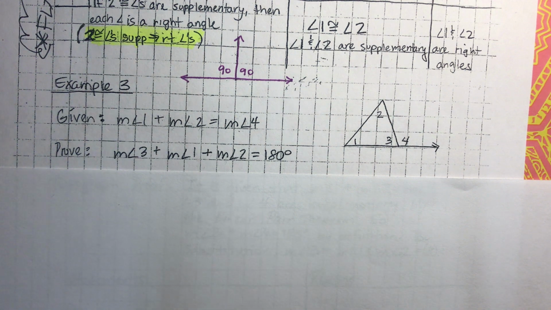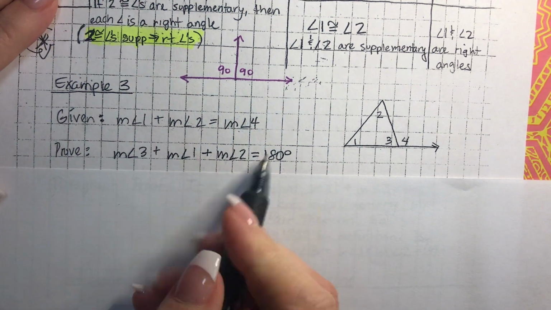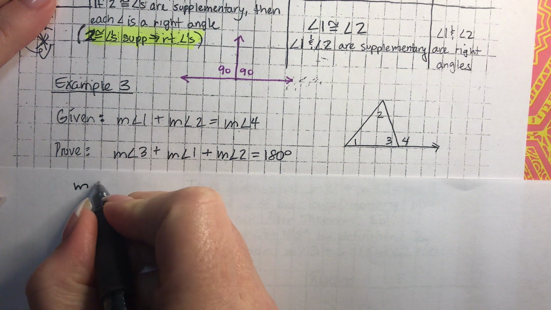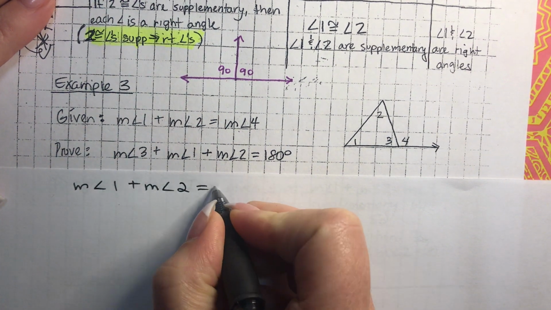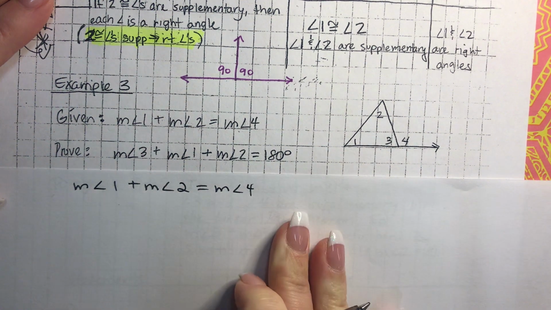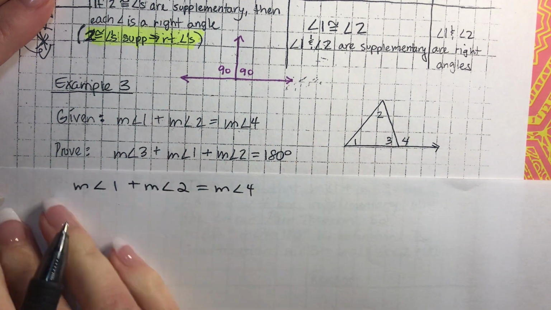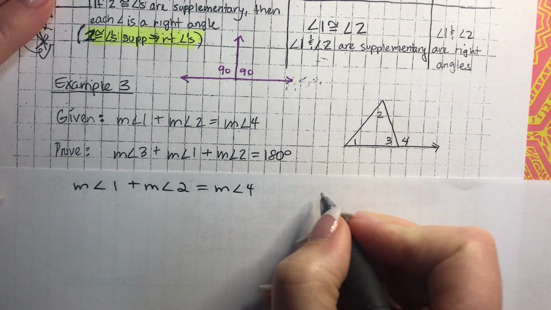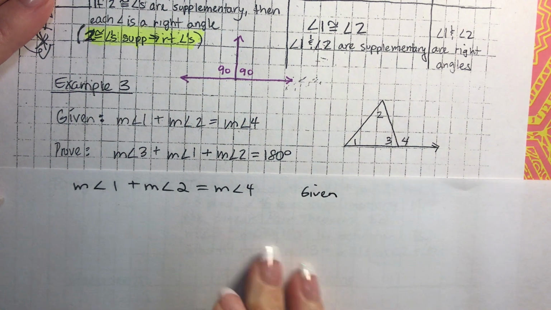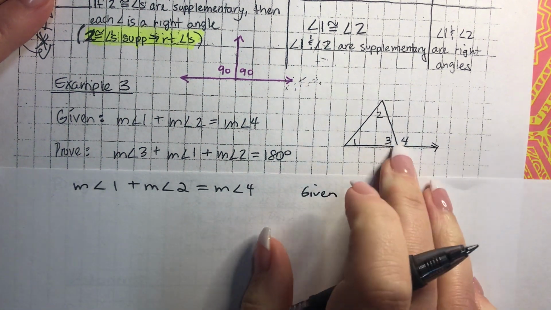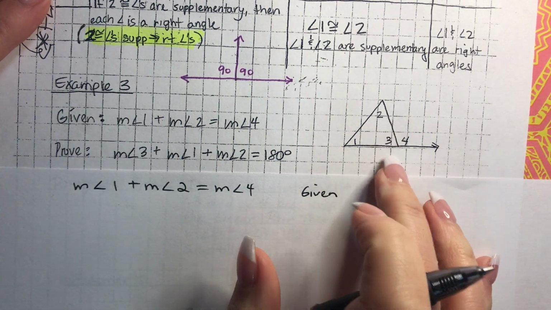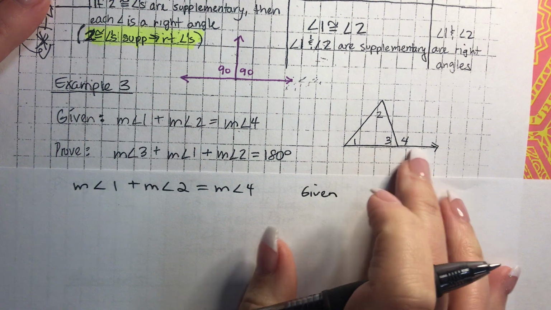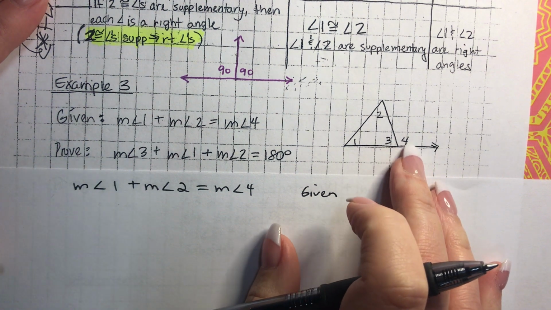So they're giving us this information. From here, I don't really see a whole lot of anything else that we can do. That's given. Then what I would do is go to this information. Whenever you see that straight line and those two angles, you know that is a linear pair.